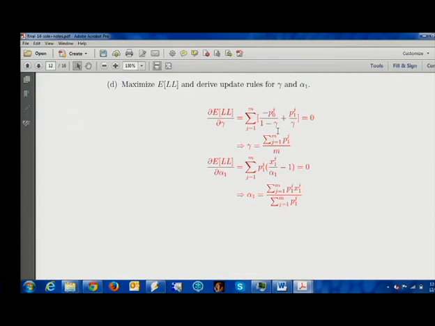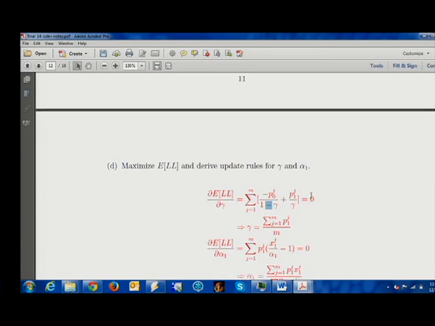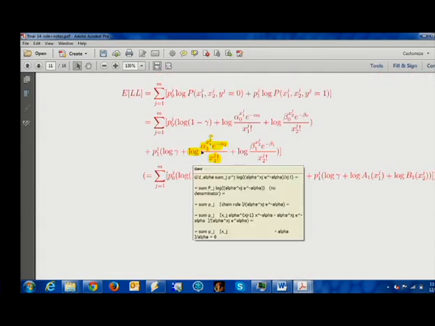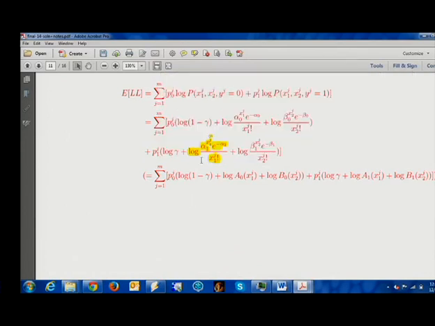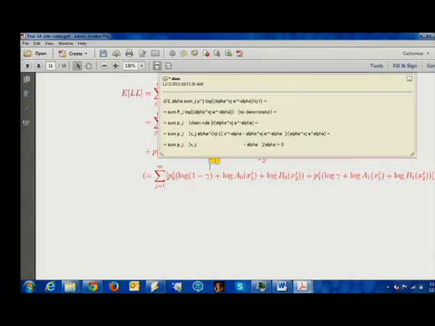So you get negative, because of this term, P0 over 1 minus gamma plus P1 over gamma. And the sum over all m of this has to be 0. That's the easy part. This one is a little bit more involved, and I've written it here just to make sure.